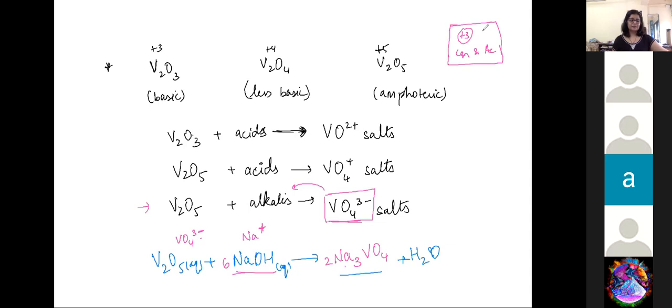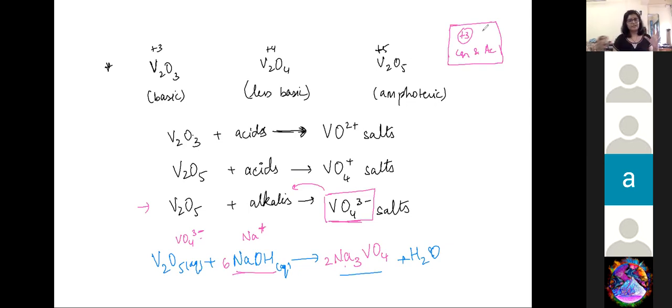Another main thing, like we had discussed last class, is lanthanoid contraction, and because of it two main consequences arise. One is that because the size is decreasing in the f block going from left to right, the covalent nature of the bond with hydroxide or oxide increases.